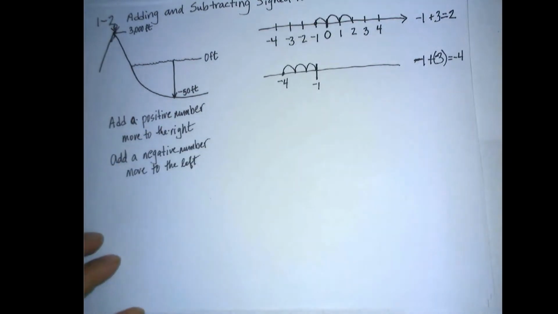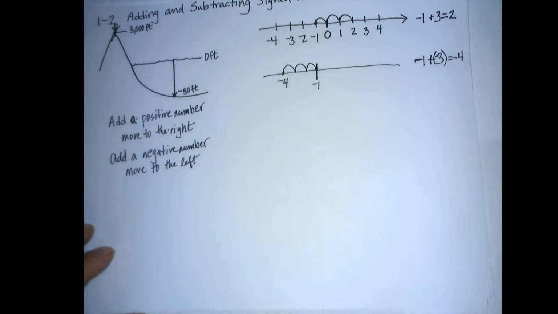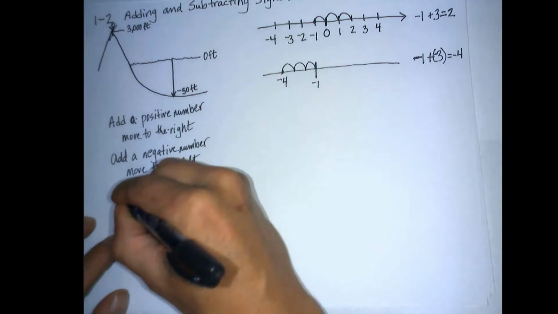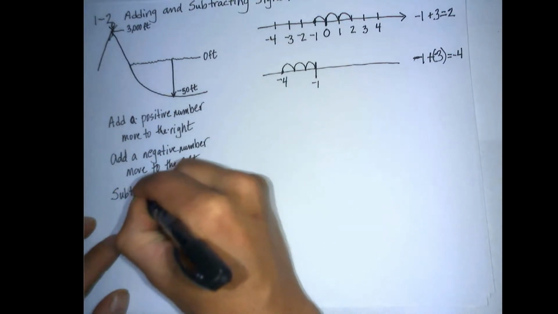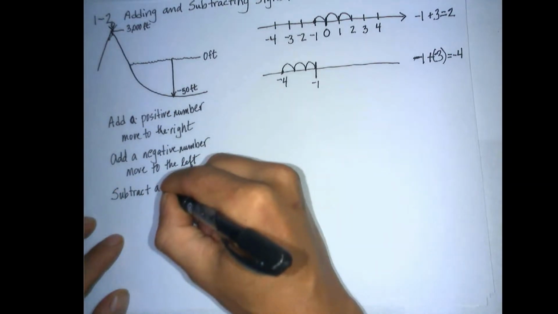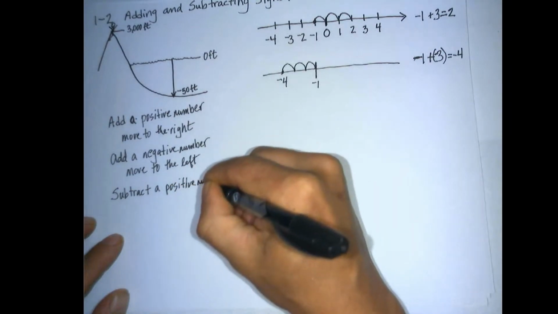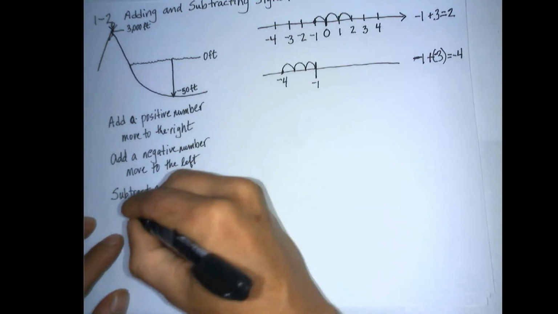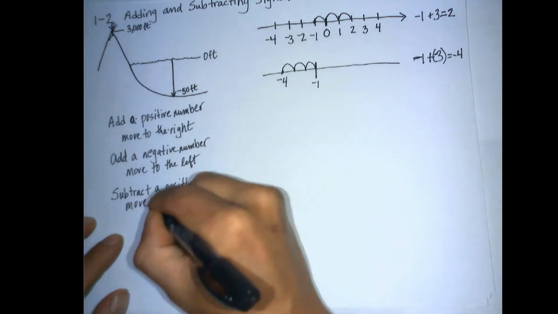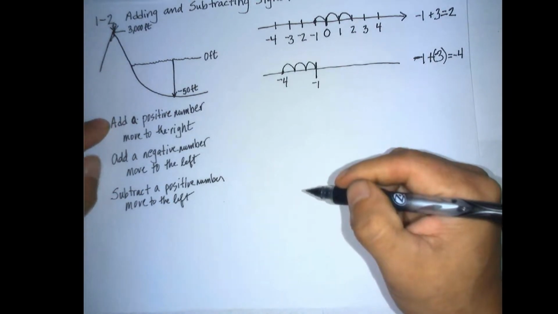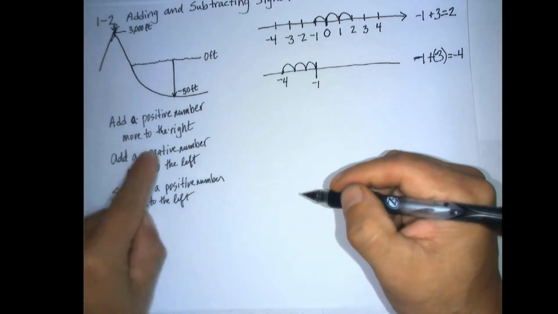Now, subtraction is the opposite of addition. They're inverses. So if we subtract a positive number, we move to the left, because it's the opposite of adding a positive number, where we move to the right.